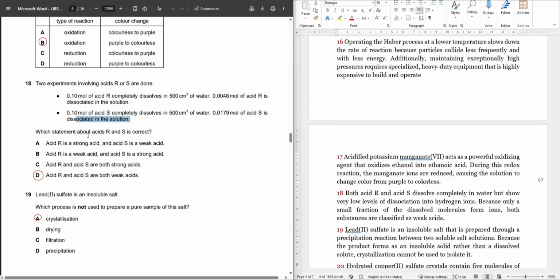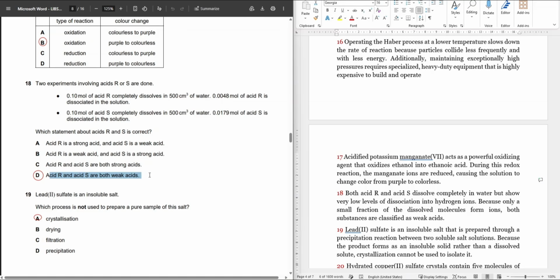So, which statement about acids R and S is correct? Our choices are: A, acid R is a strong acid and acid S is a weak acid. B, acid R is a weak acid and acid S is a strong acid. C, acid R and acid S are both strong acids. And D is acid R and acid S are both weak acids.